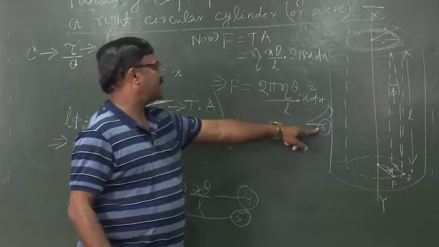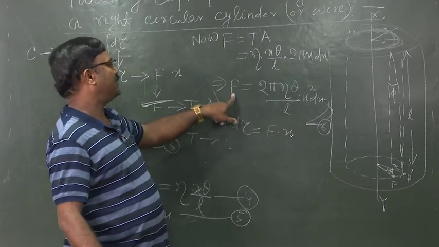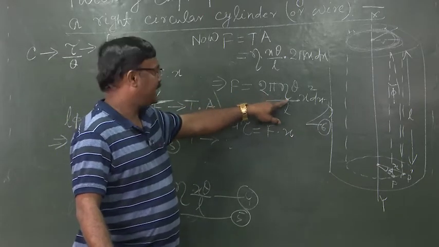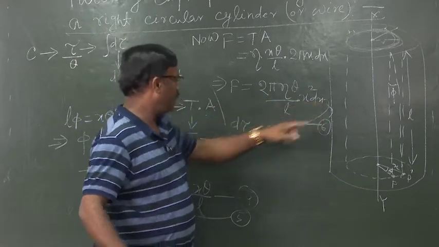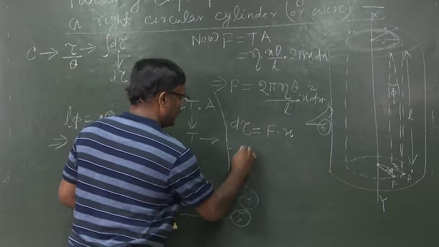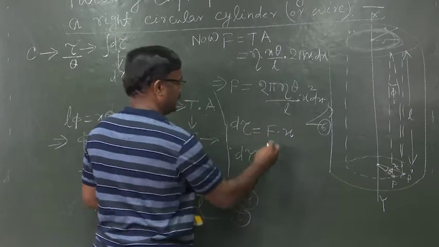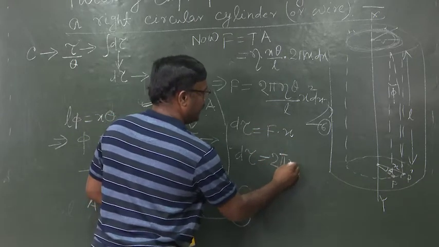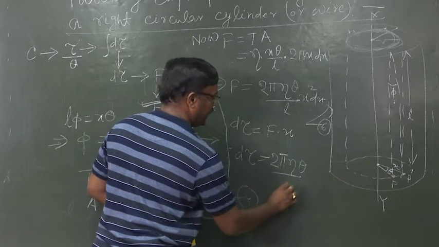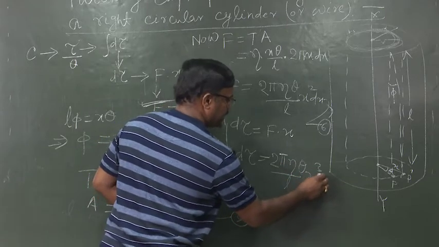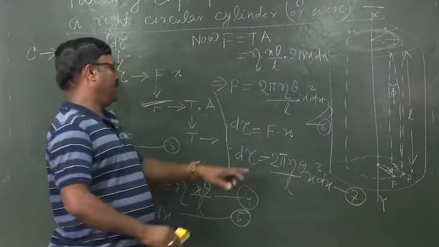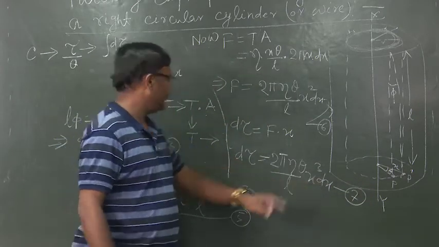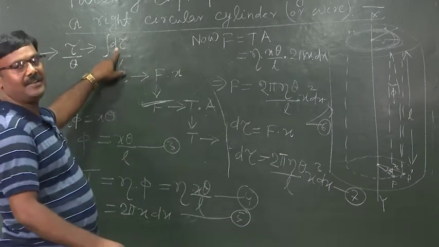But from equation 6, we know that F is equal to 2 pi eta theta by L into x square dx. So d tau becomes 2 pi eta theta by L into x cube dx. This represents equation 7.